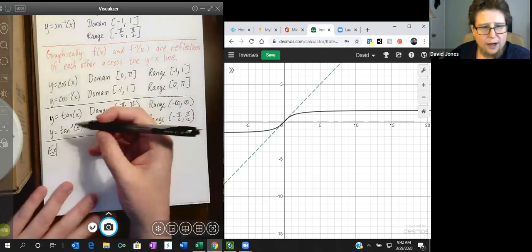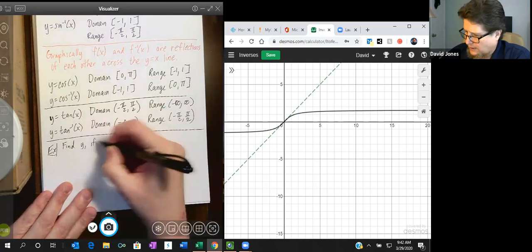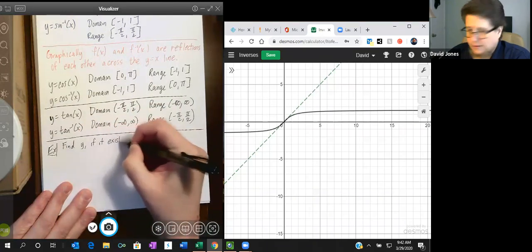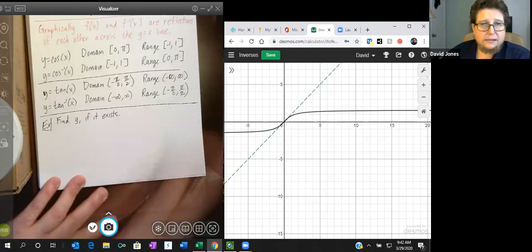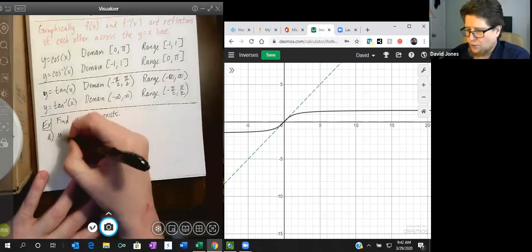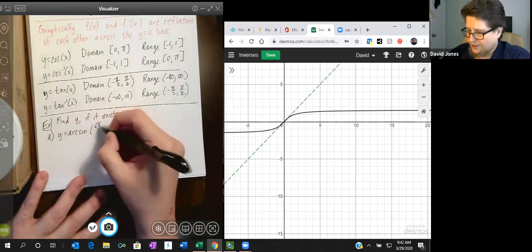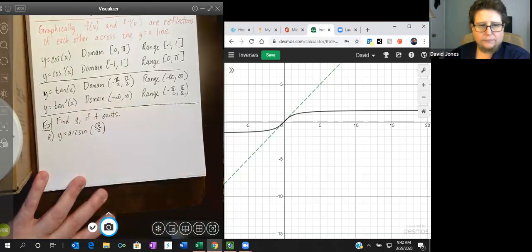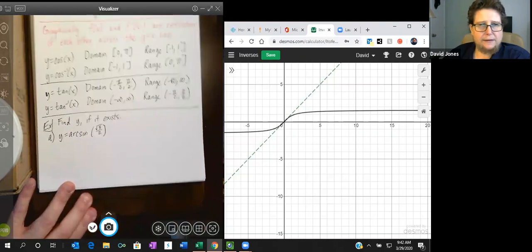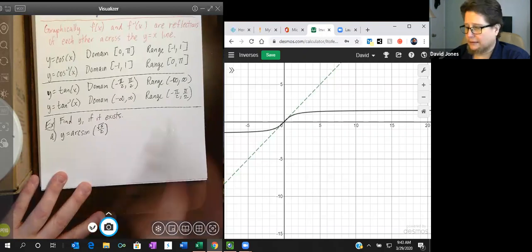So find y if it exists. A, we're going to do y equals arc sine of root 3 over 2. I think the easiest way to do this is to rewrite it in its other form.